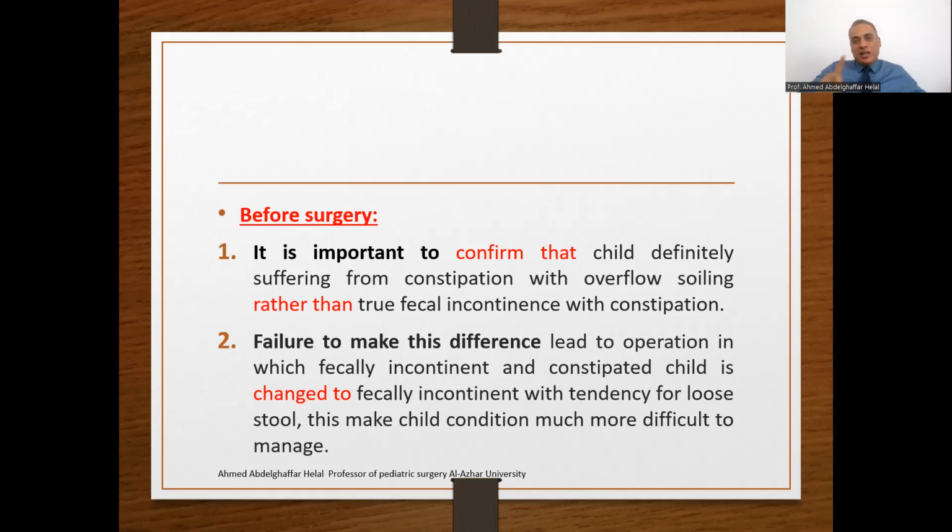So please be careful. Any pediatric surgeon must determine at first whether the child has true fecal incontinence, or true with constipation, or constipation with pseudo-fecal incontinence. Very essential. No way to avoid this differentiation.